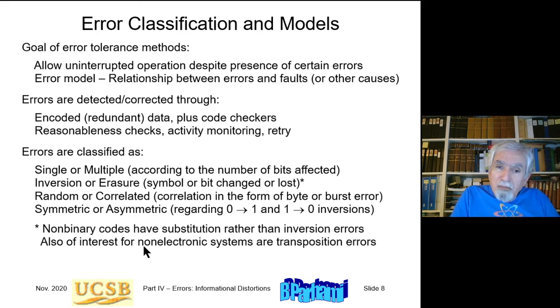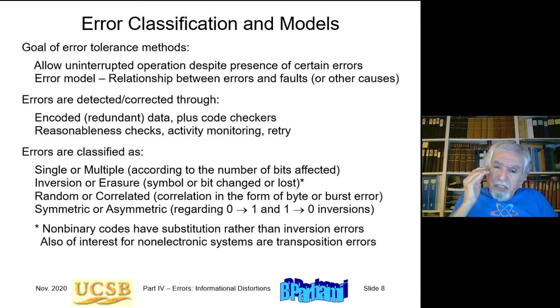Okay, for non-binary code, we usually discuss binary codes, but we also have non-binary codes, in which case an error means substitution of one symbol for another symbol rather than inversion. So for example, if you have a decimal code and each code symbol is a digit 0 through 9, then if a 5 changes to 8, that's a substitution error.